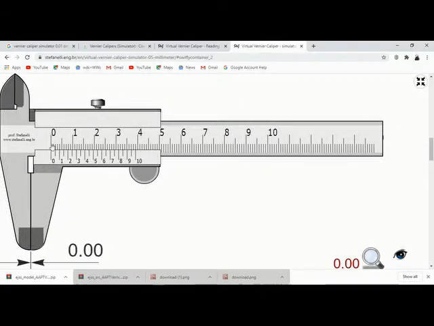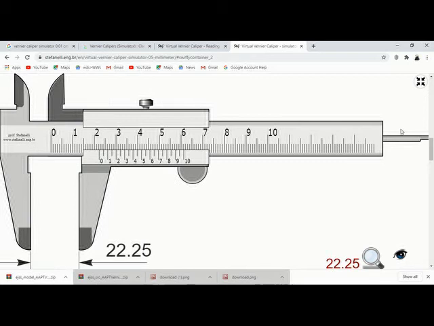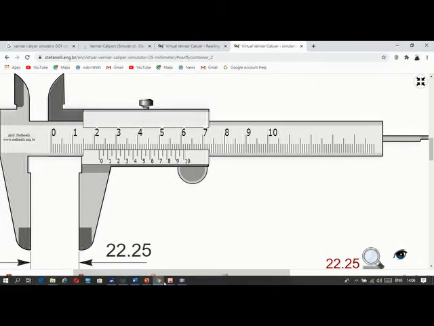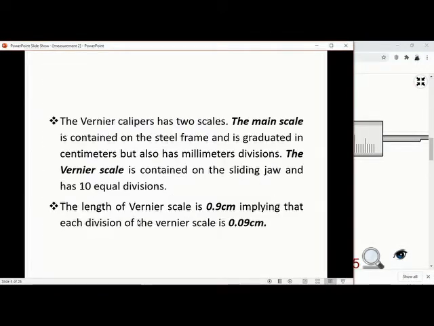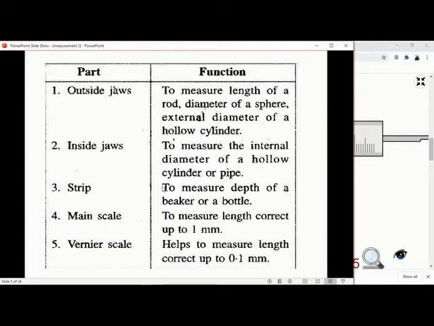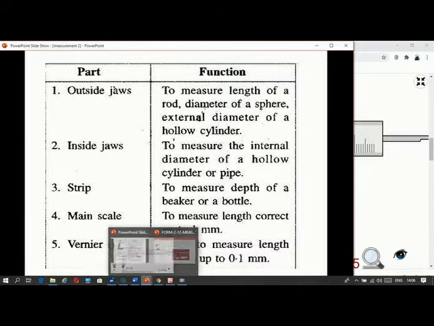As this one slides over here 0, 0, the strip also ends here. So it can measure the depth, it also gets out. So this is the strip. The strip is to measure the depth of the beaker or a bottle.